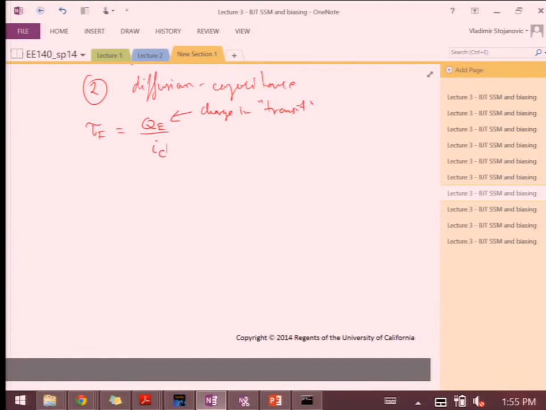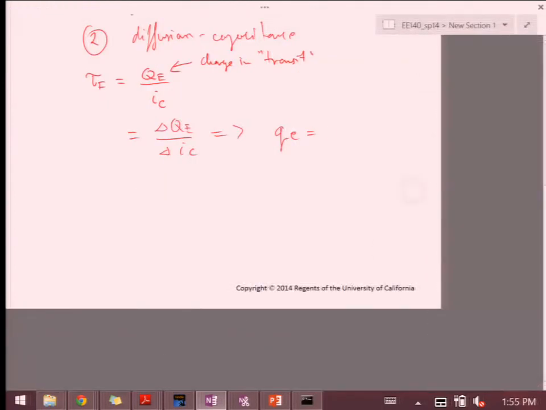And then, of course, I can now go and approximate and say that I'm really looking for small changes. So delta QE per delta IC. And from here, delta QE, which is a small change, is going to be equal to tau f times a small change in IC. Right. Because QE is charge, I can also represent charge as CV.